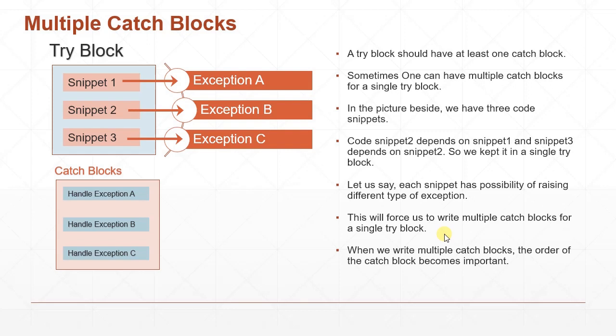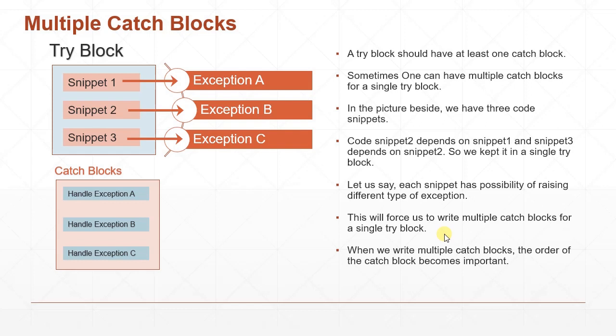When we write multiple catch blocks, the order of the catch blocks becomes important. Here we are seeing three catch blocks: one for exception A, and two others for exceptions B and C. Now the question of in which order I have to place these catch blocks comes into the picture. Is it okay if I place exception B first, exception C next, and exception A last?